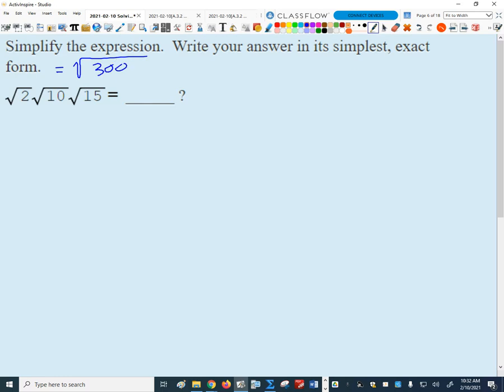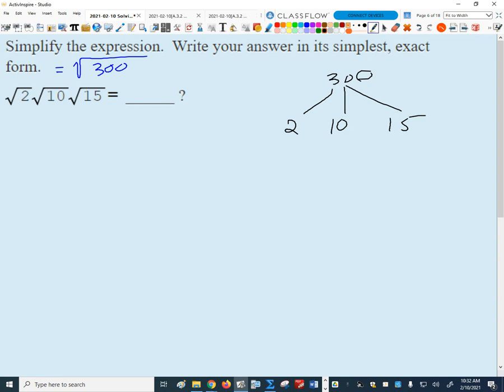If I were to take a 300 up here, all this is telling me is I could take that 300 and factor it using 3 branches and get a 2, a 10, and a 15. So why go backwards? I'll just start from there. Everybody see that? I can just factor from there.